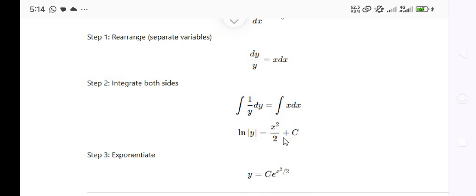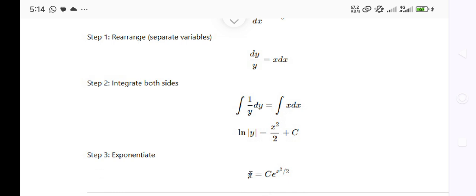Please take notes. Now we have done this. The next thing, we want to make sure that y is the solution of the formula. So you can just do this. Take the exponential of this side, exponential of this side. If you take the exponential of this side, ln will cancel, and you have just y left.